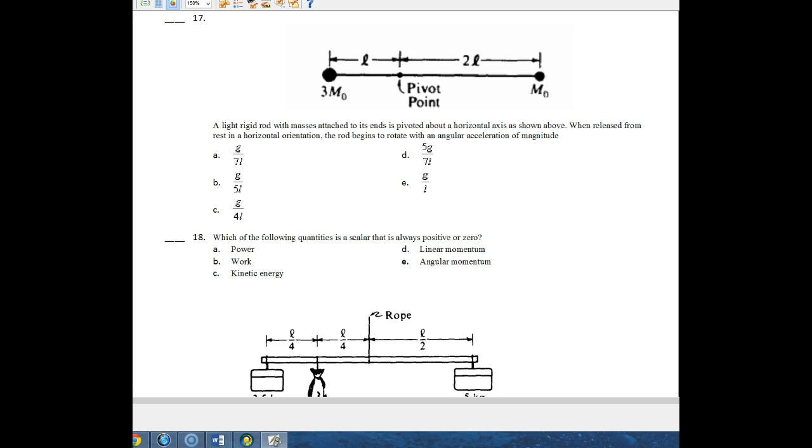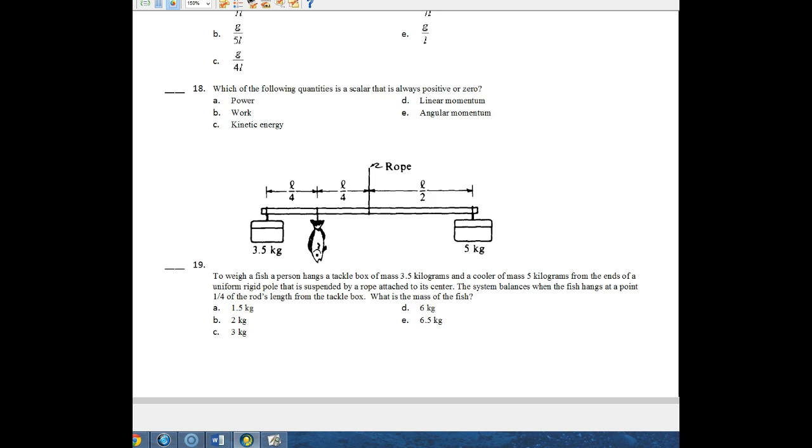For number 18, this one says, which of the following is a scalar? Momentum we know is not a scalar, so neither of these would work. Power, is it always positive or zero, or could it also be negative? Well, we know that work can be negative, and because it's negative, we can get rid of it.